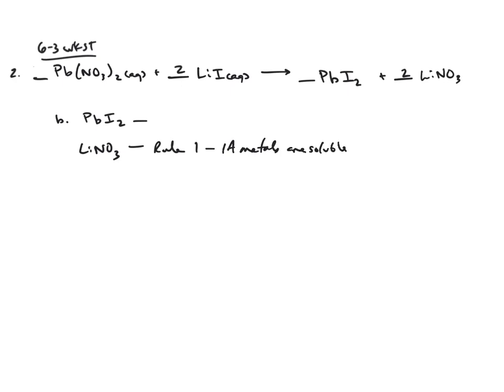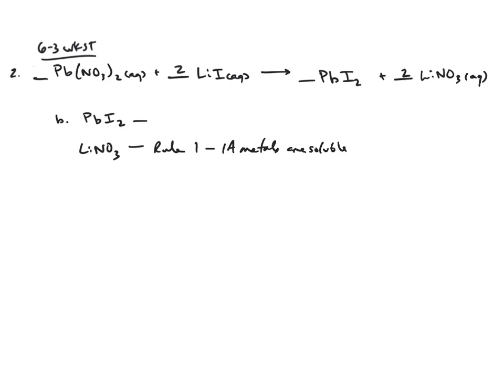Always, no exceptions, ever. So that means that that lithium nitrate is going to be aqueous. Additionally to that, anything that is a nitrate is also always soluble. So that second compound, LiNO3, is going to be aqueous every time.